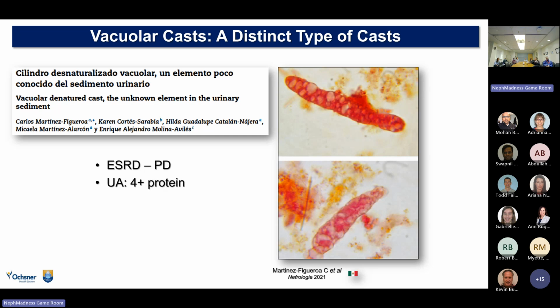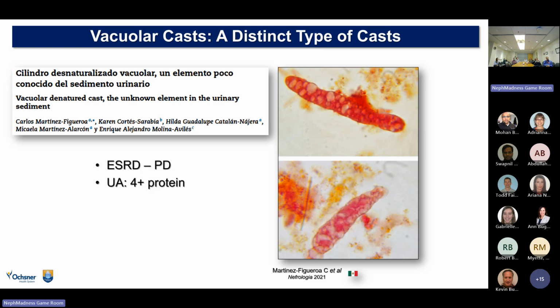Essentially, this was a peritoneal dialysis patient whose urine was sent to the lab because the physician suspected a UTI, nothing to do with diagnosing AKI. When he was reviewing the sediment for UTI, he found this cast and ended up reporting it as a vesicular cast. The patient had 4+ protein in the urine, but this is an end-stage renal disease patient.